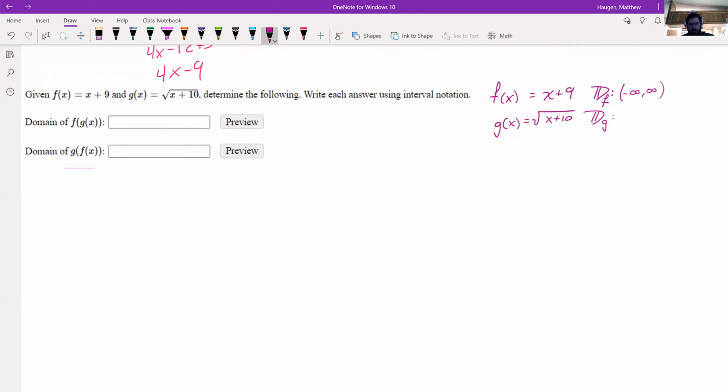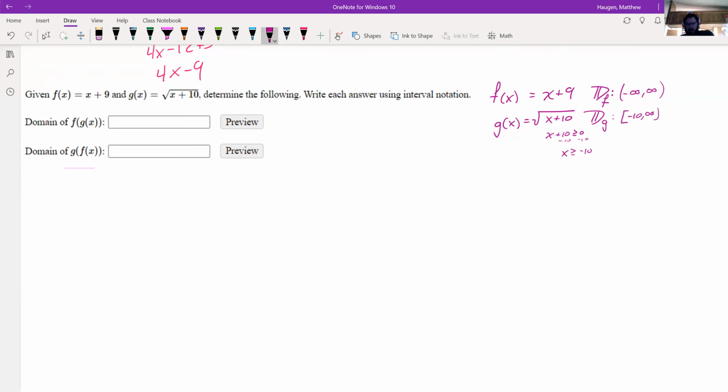So then it'd be all real as well, right? Well, we can't take the square root of a negative, right? Oh, that's true. So x plus 10 has got to be greater than or equal to 0. So x has to be greater than or equal to negative 10. So from negative 10 to infinity.